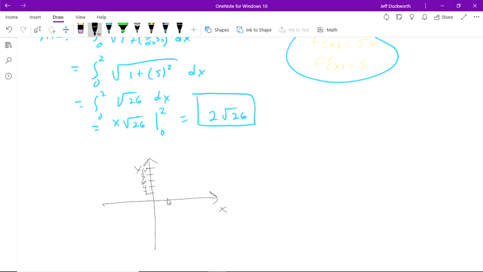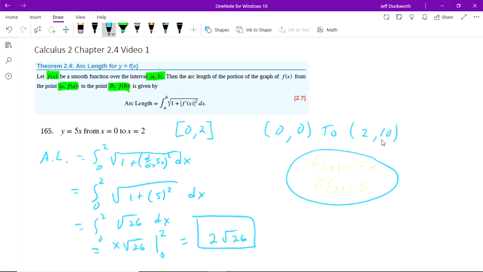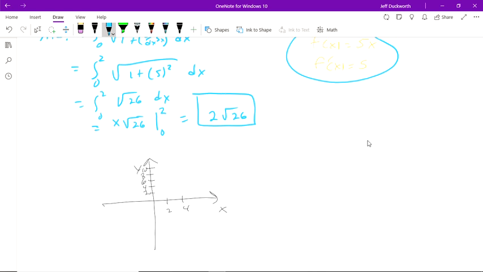And then we'll go 2 this way. We don't need to go any further than that, but that's okay. All right, so we plot the 2 points. The 2 points are 0, 0, and 2, 10. So 0, 0 goes right here. 2, 10 goes right here. So this is our graph. Should be a straight line.